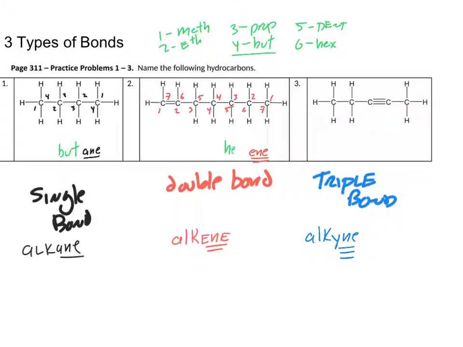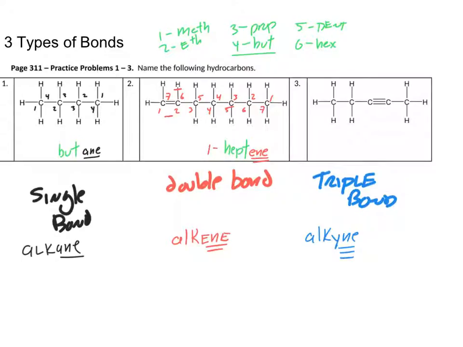So in this case, it's a hept. It's a heptene. But now I need to identify the location of the double bond. And the location of the double bond is closest to the beginning of the chain. So in this case, the double bond occurs between carbon 1 and 2 or between carbon 6 and 7. So we're going to number the chain closest to the beginning of the chain. So I'm going to call this a 1-heptene.